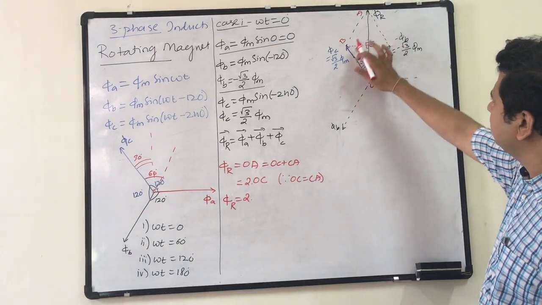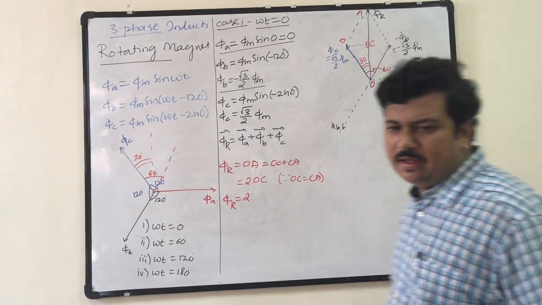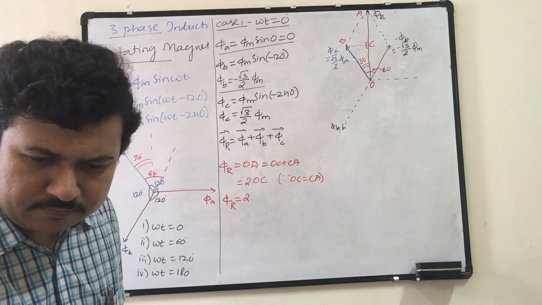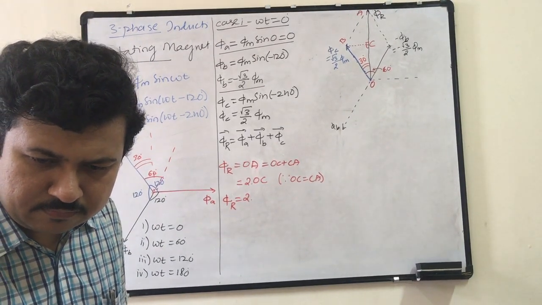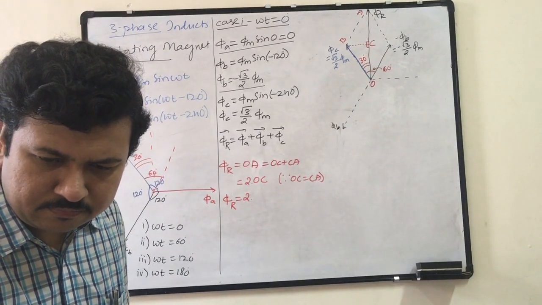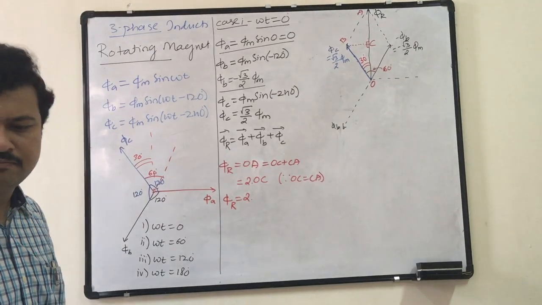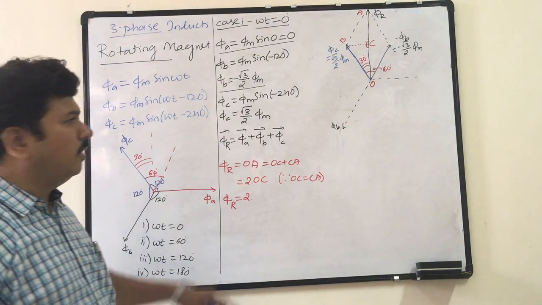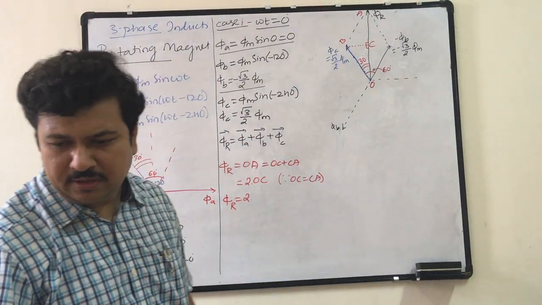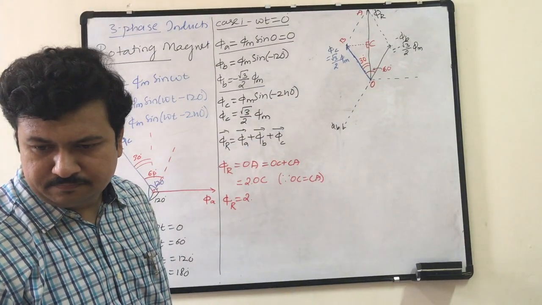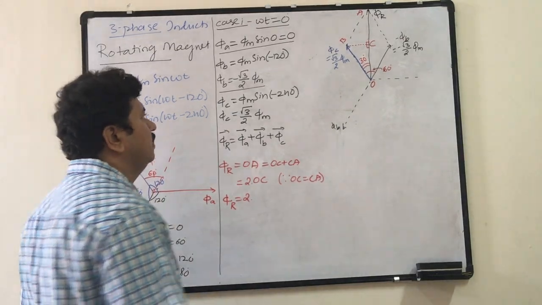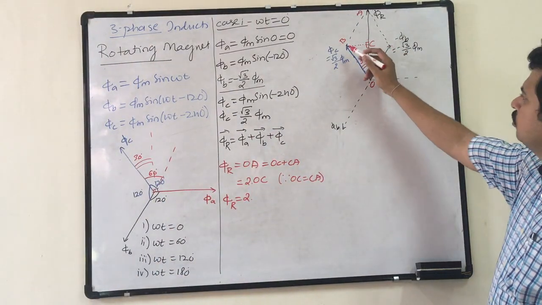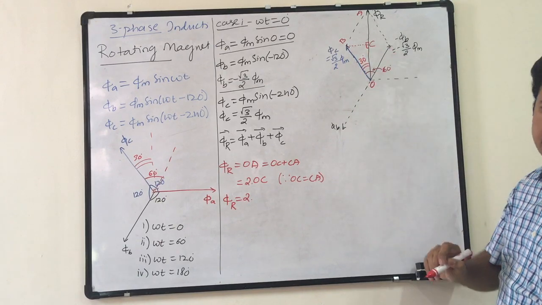It is a right angle triangle, where the hypotenuse is OB and the opposite side is BC.